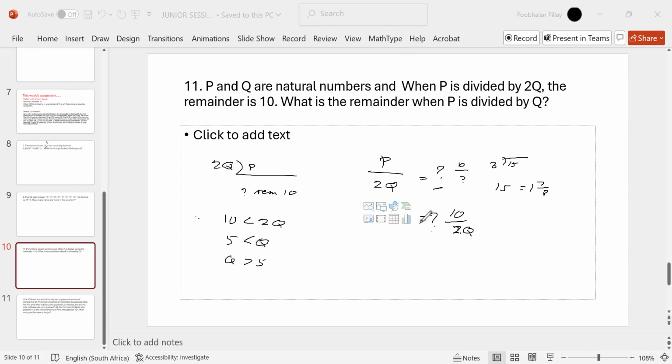And now you want to know what is the remainder when p is divided by q?